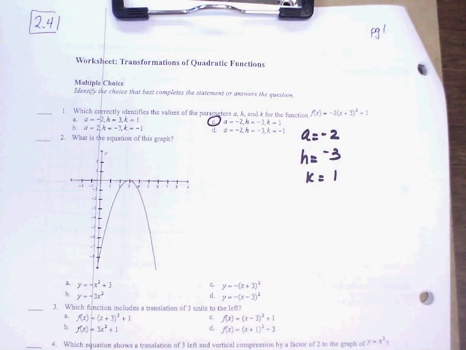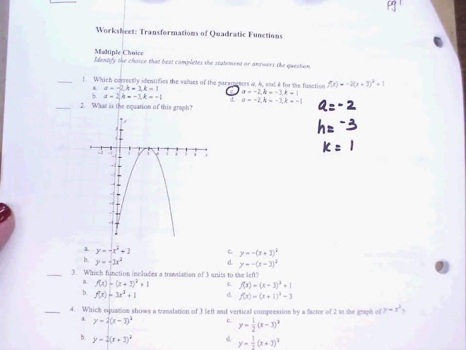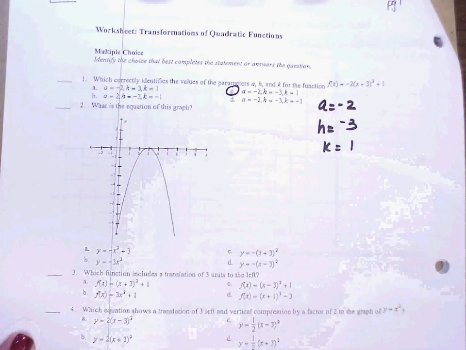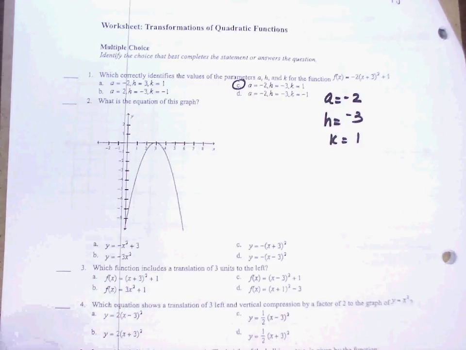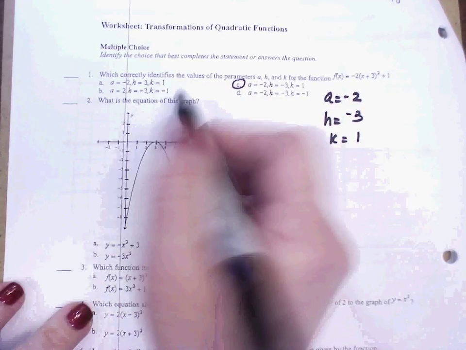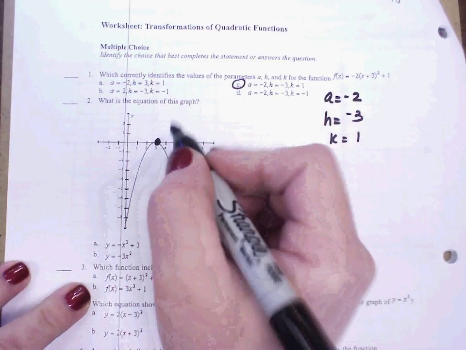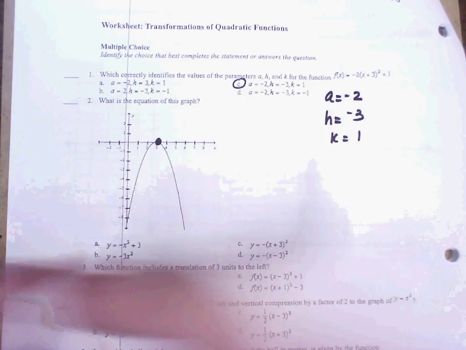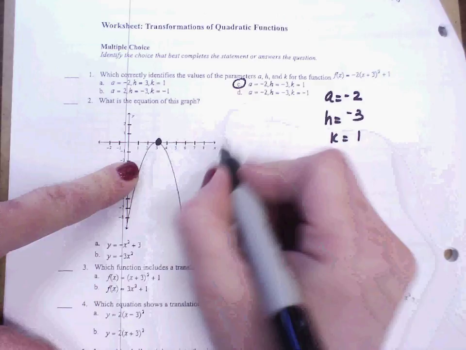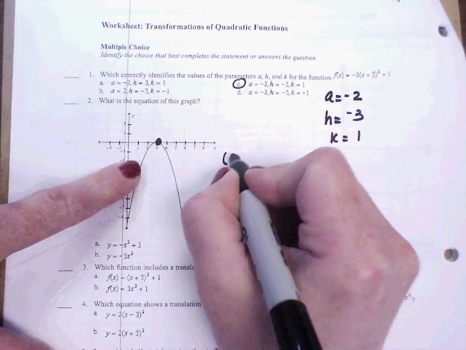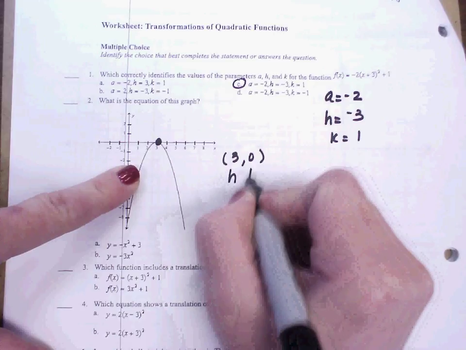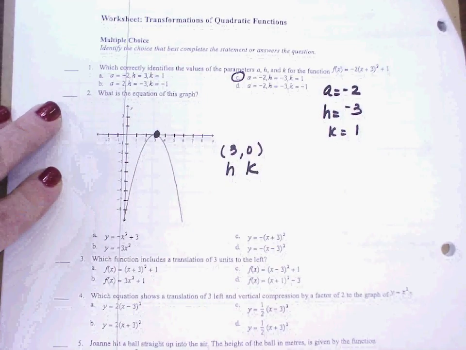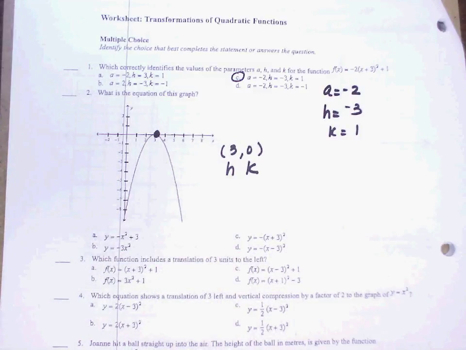All right, let's go to the next one. What is the equation of this graph? You have to start with your vertex. What will be my vertex? 3 and 0, which means that's my h and that's my k, right? So I cannot have anything plus something, because it's plus 0.